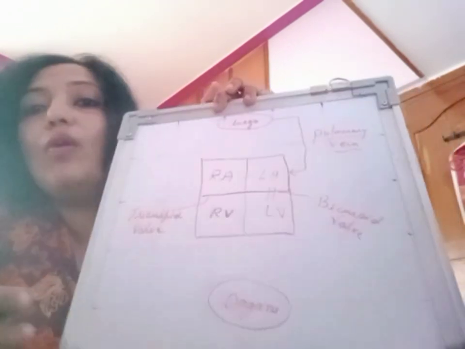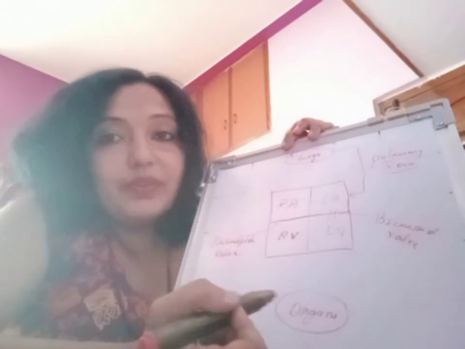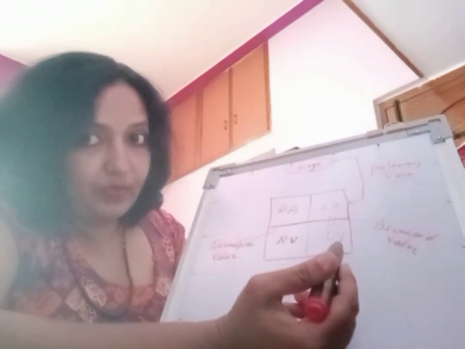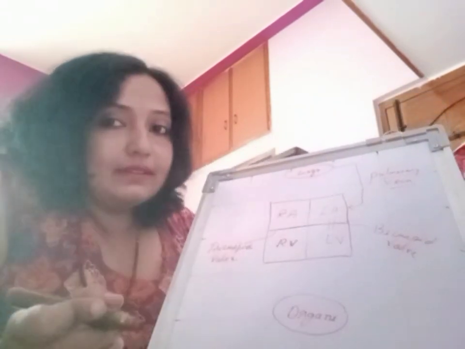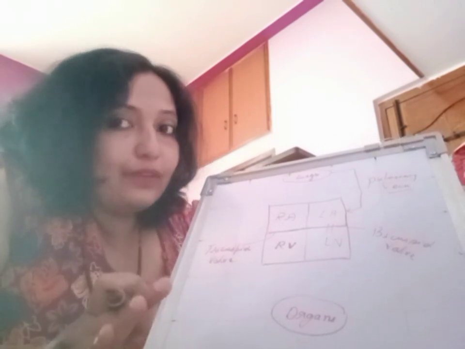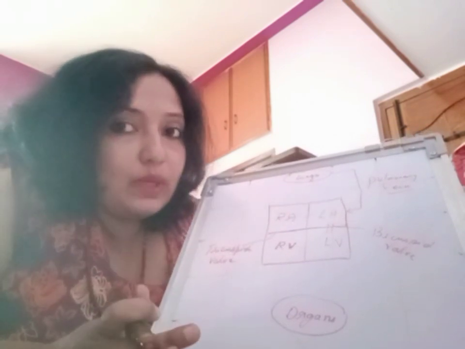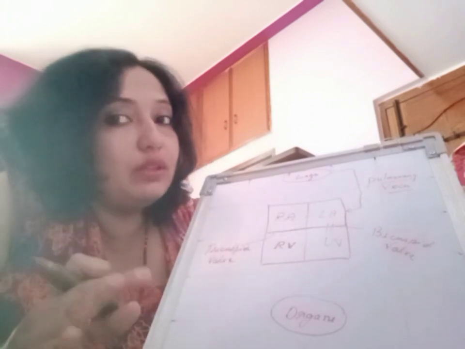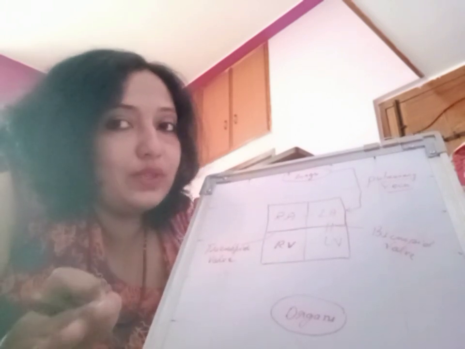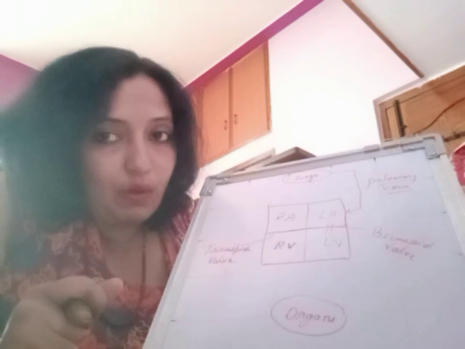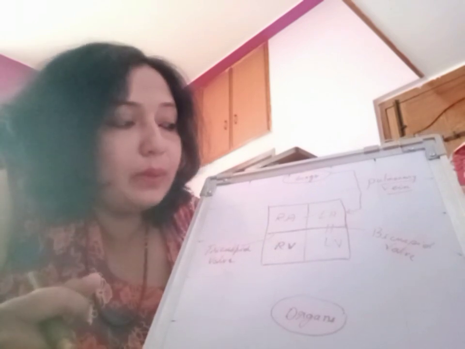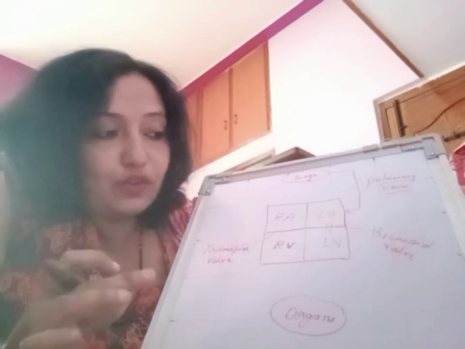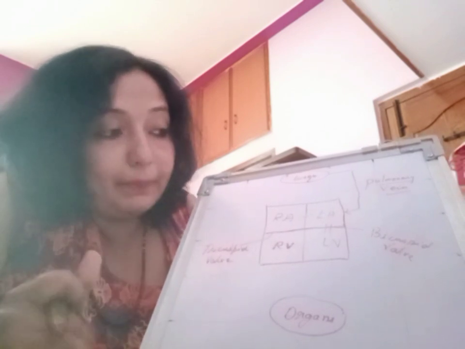Now the oxygenated blood is in the left ventricle. It has to reach all the other organs and tissues, the rest of the body. All the organs should receive oxygen from the heart, so the heart has to pump.